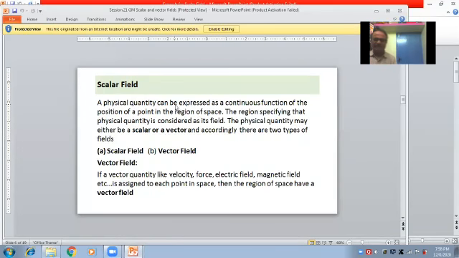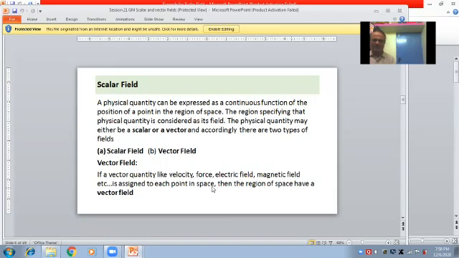Any physical quantity which can be expressed as a continuous function of the position in a region is called a scalar quantity. The region specifying that physical quantity is considered its field. The physical quantity may be either a scalar or a vector.